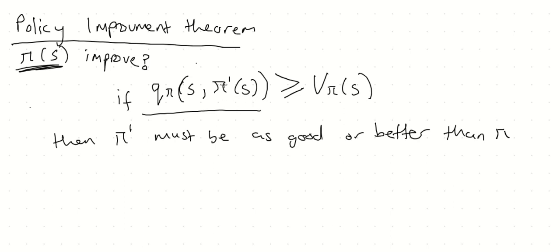So there's a proof as to why this theorem works, and I'm going to go through it: why, when we change a policy at a particular state and then follow the previous policy, the new policy must be as good or better than the previous policy. That might be a bit of food for thought, but let me try to make it a bit clearer.